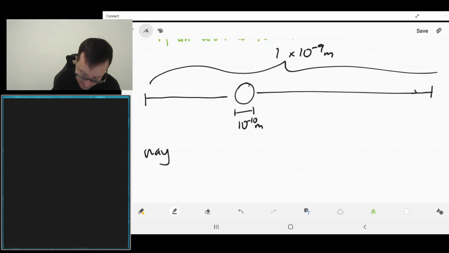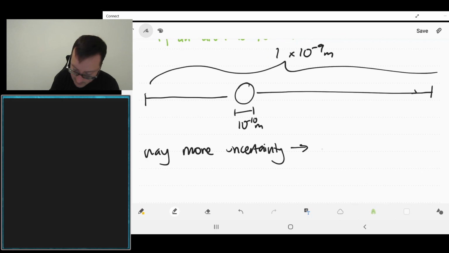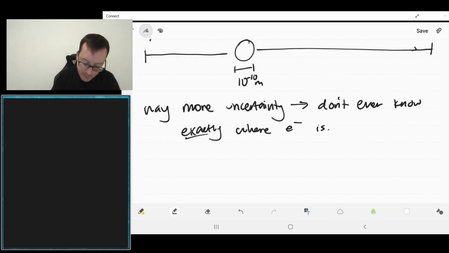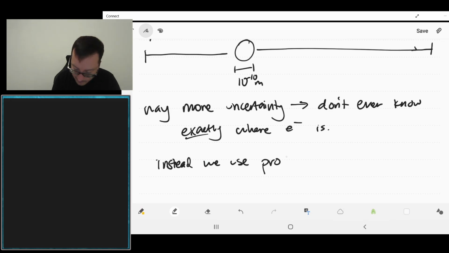We have way more uncertainty. And so we do not really ever know exactly where an electron is. And so as a result, what we use instead, we use probability.